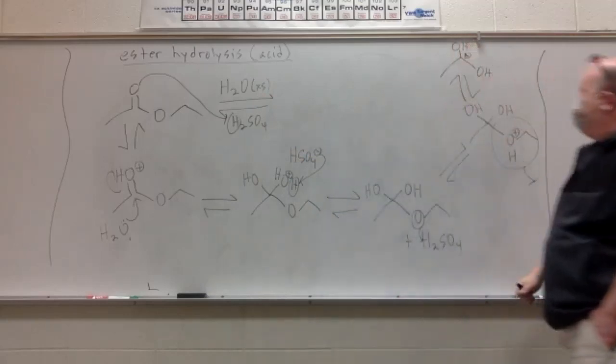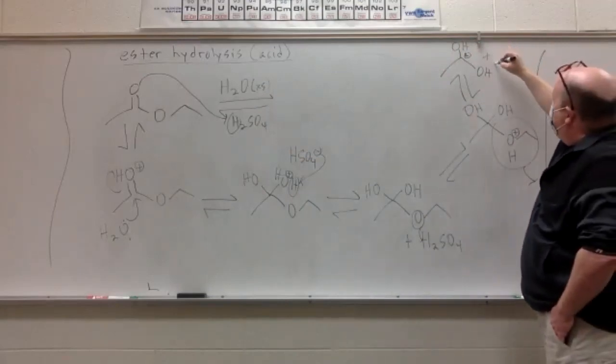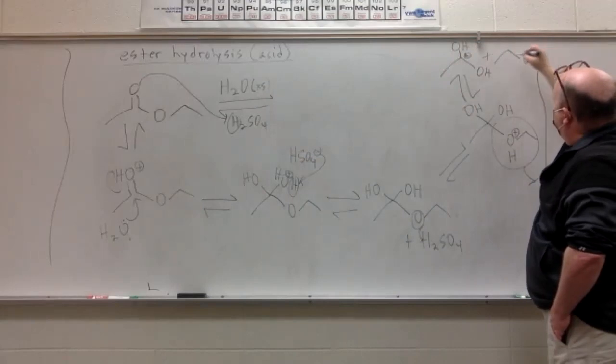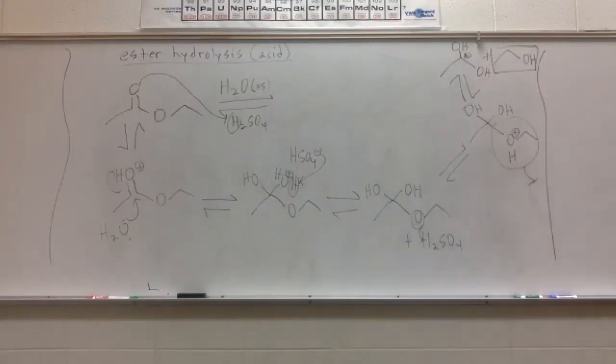Once it leaves, it's going to leave behind a carbocation. And actually, that alcohol that left is one of your products, so I'm going to put a rectangle around it. All right. So you know one of the products should be an alcohol. We got that. Another one should be a carboxylic acid.